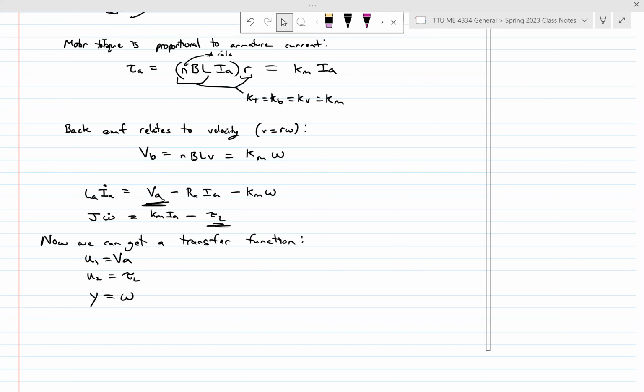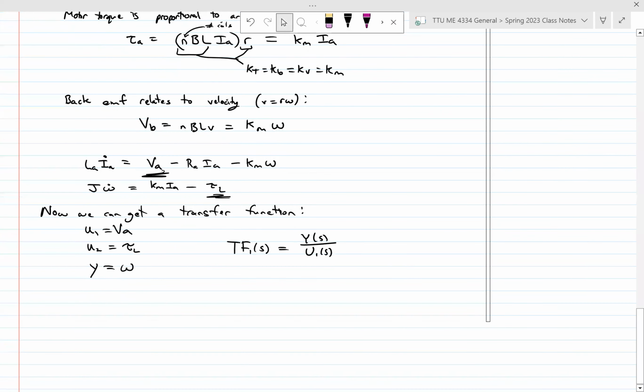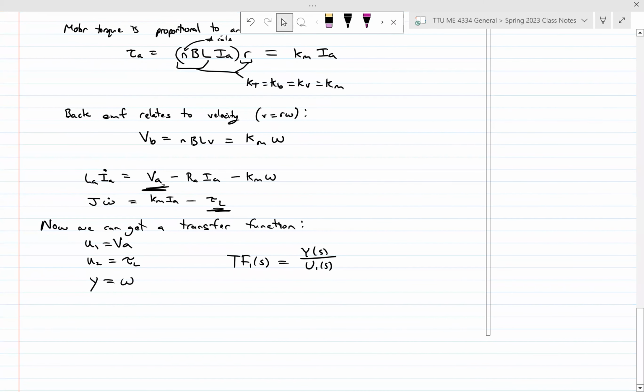Got our equations. What do we do from here? I want a transfer function. Let me specify. I want y of s over u1 of s here. Okay, so we do a Laplace transform of all of these equations.